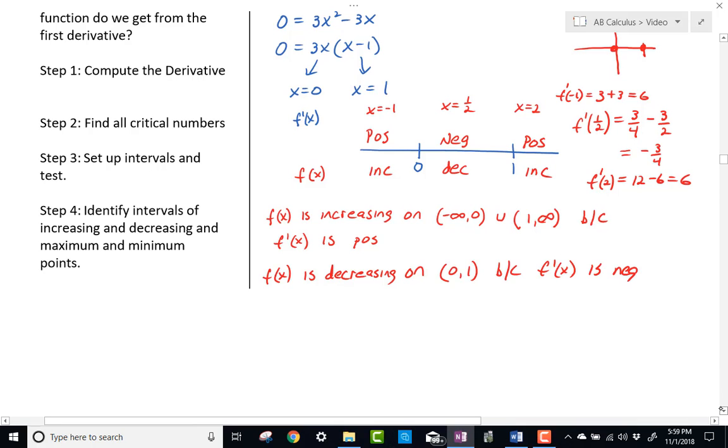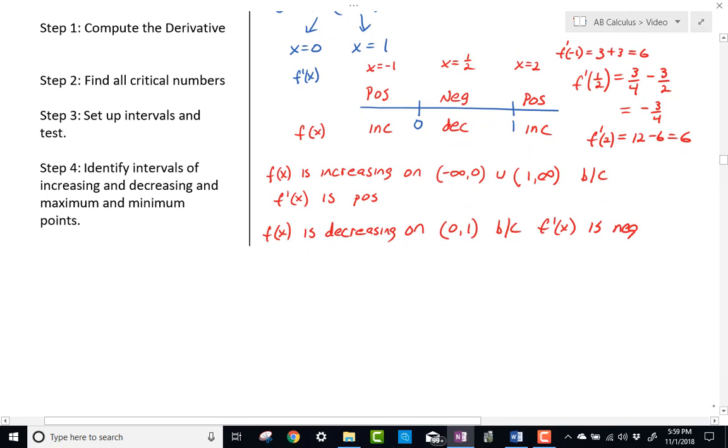All right. So if we talk about increasing and decreasing, if I know that f of x goes from increasing to the left of 0 to decreasing to the right of 0, that means I have a maximum at 0.